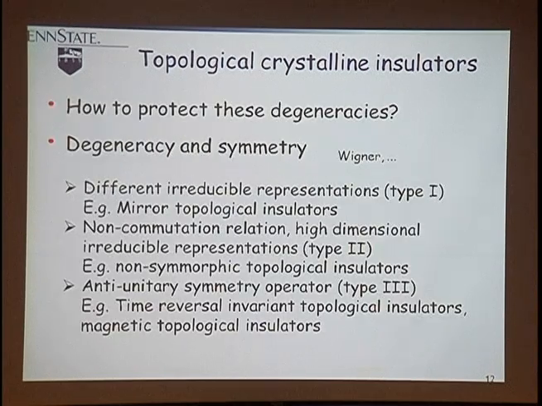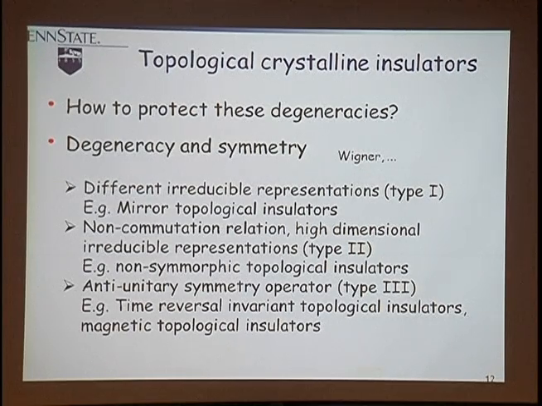And actually, we already have very nice tools, because the degeneracy is related to the symmetry group by the representation theory of the crystalline symmetry group. So we have very nice mathematical tools here.